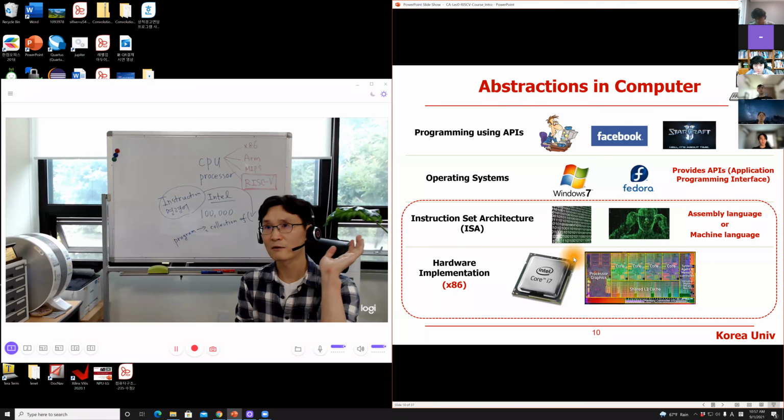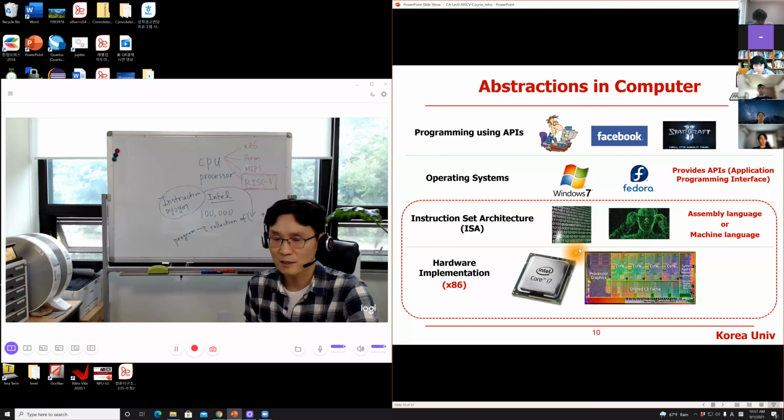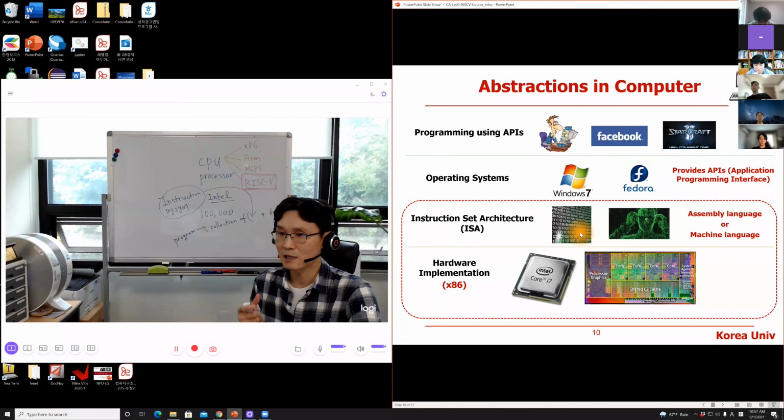I think we are going to spend roughly 4 weeks studying RISC-V instructions. Then afterwards, I'm going to explain how to design digital logic, how to design a CPU, in other words, so that the CPU can execute the instructions we studied.